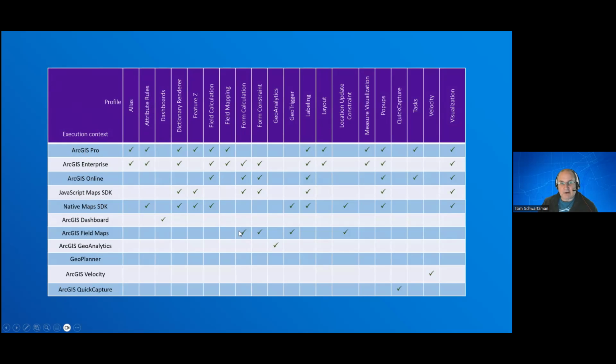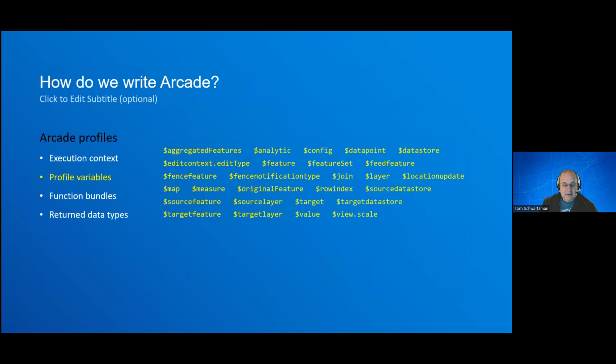For dashboards, ArcGIS Dashboards, we only have access to the dashboards profile. But when you're in, say, Pro, you have access to a lot more different things depending on what you're doing. When you're labeling, obviously you have access to the labeling profile, etc. There are some constraints: obviously you can't do everything everywhere. It doesn't make sense, and we'll see that as we go forward.